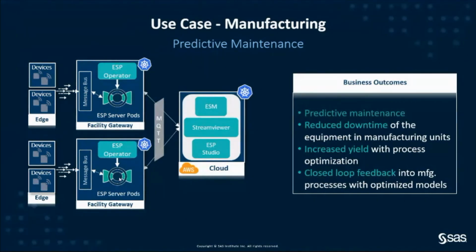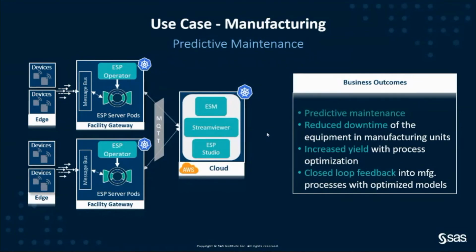Each facility had its own setup where all the data was going through, and the streaming analytics was happening right there at the facility. Some of the data was also going to the cloud for the supervisors who are managing all these manufacturing units to understand what's going on and what steps can be taken.